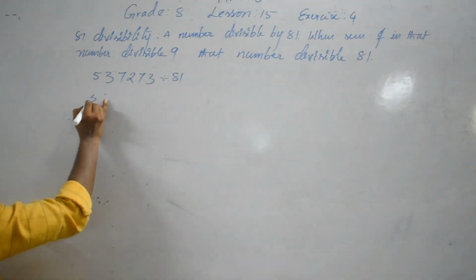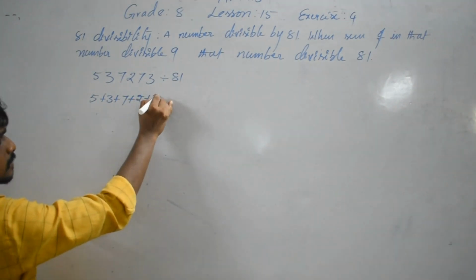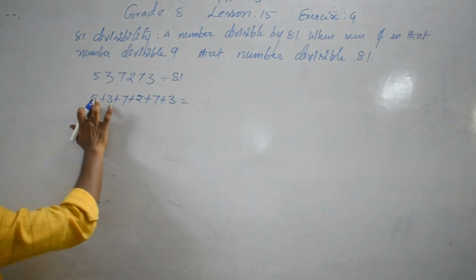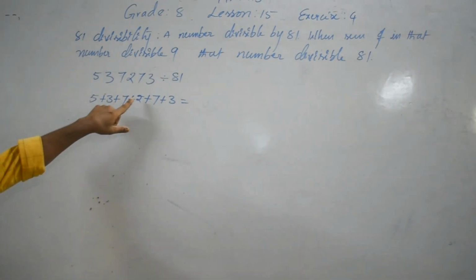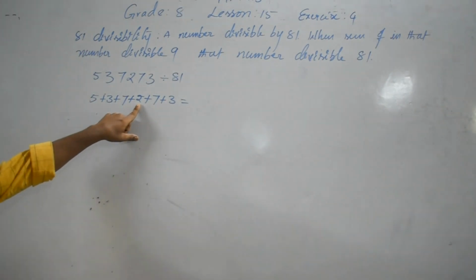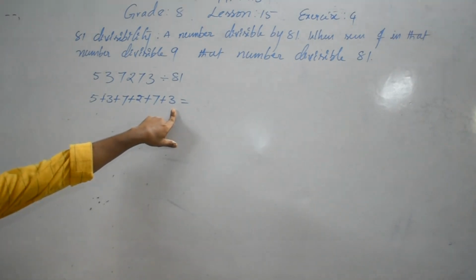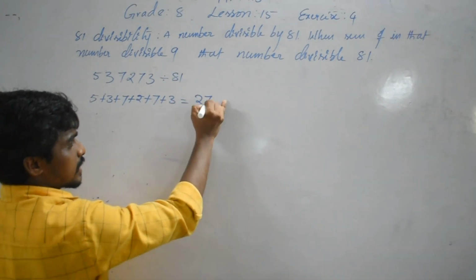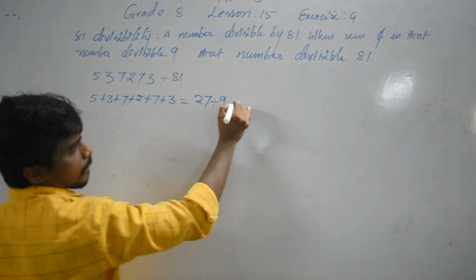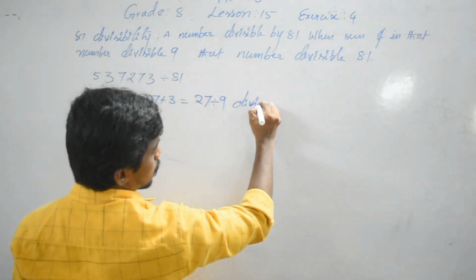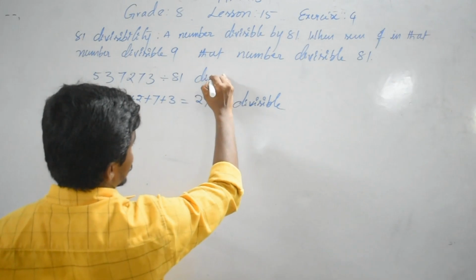Here 5 plus 3 plus 7 plus 2 plus 7 plus 3. 5 plus 3 is 8, 8 plus 7 is 15. 15 plus 2 is 17, 17 plus 7 is 24. 24 plus 3 is 27. 27 divided by 9, divisible or not divisible? Divisible. So this is also divisible.